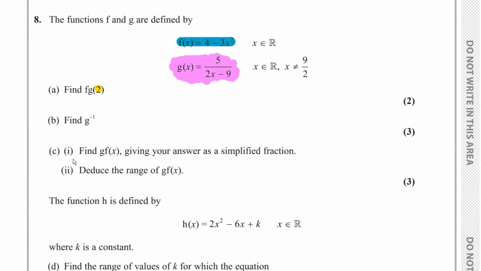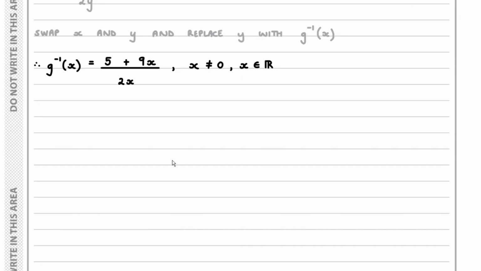Part C, for the first part, find g of f of x, giving your answer as a simplified fraction. To find g of f of x, we need to replace the x in g with the function f, meaning we have 5 over 2 multiplied by (4 subtract 3x squared) subtract 9.